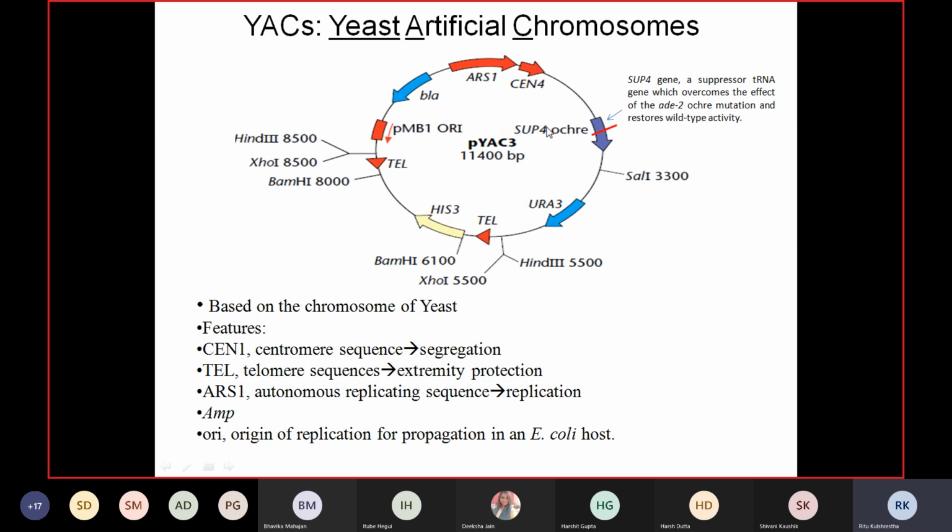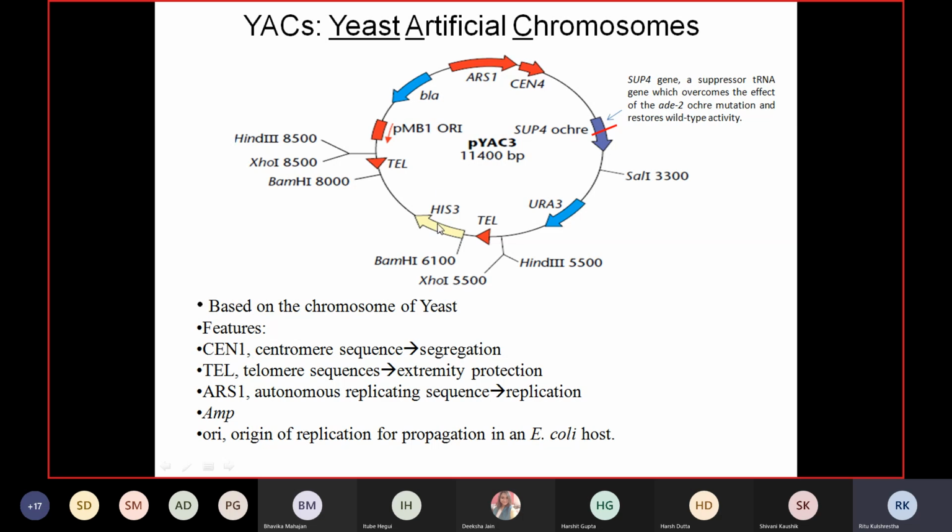Now coming to this name called the SUP4 gene. Let me try to explain it. The yeast host strain that we choose, or let's say this segment, is for the identification of the recombinants, just like if you remember the lacZ based screening method.